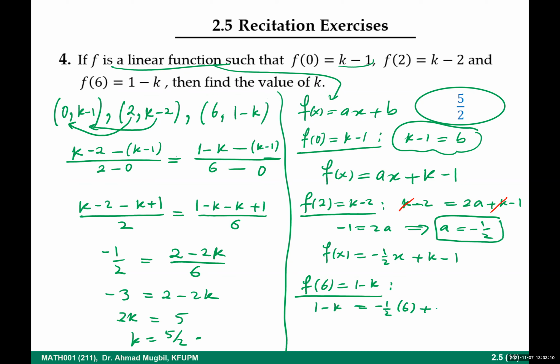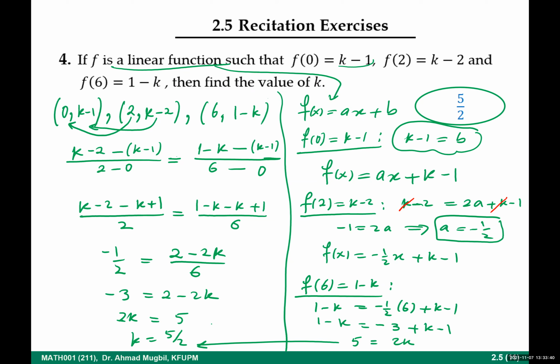Here we are. Now we have one equation with one variable, which is k. For sure, we will be able to find it. So 1 minus k equals negative 3 plus k minus 1. Add k to this side, it will be 2k here. And this is negative 3, negative 1, negative 4. Added to there, it will be 5. From this, we will obtain, of course, that k is 5 over 2, the same.